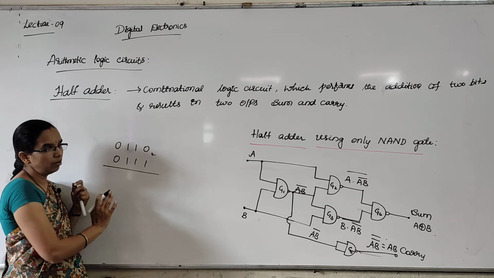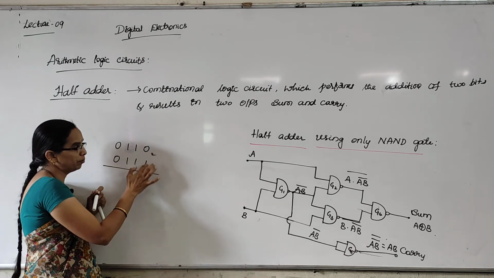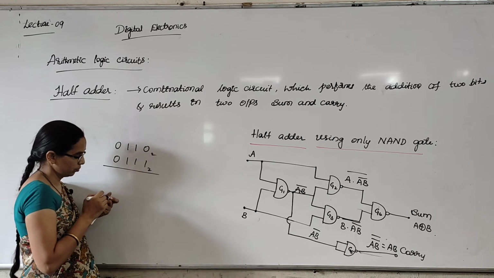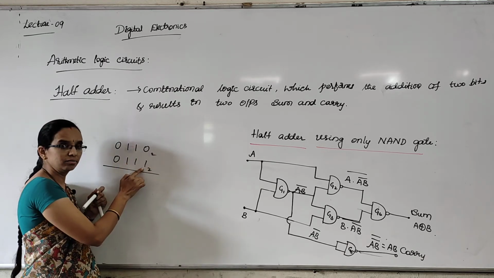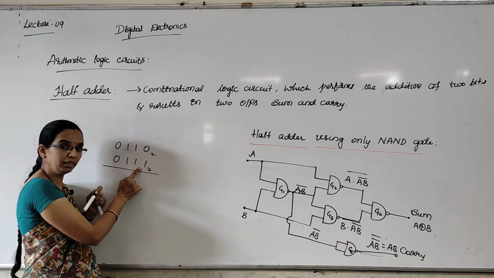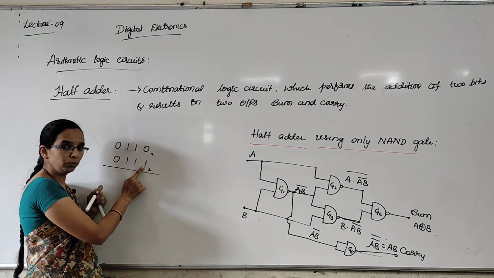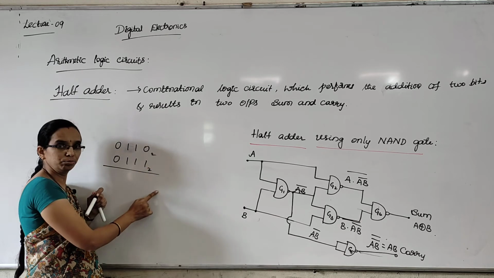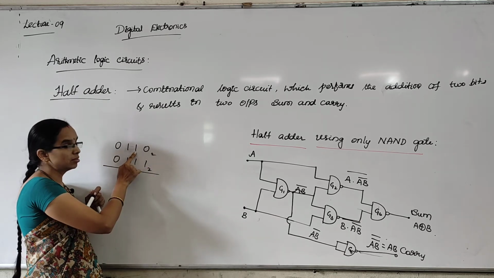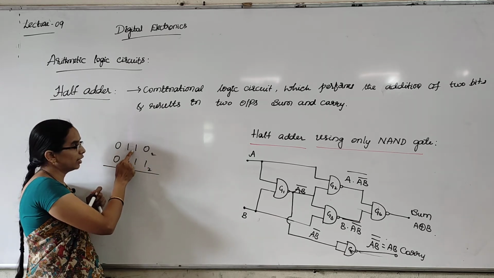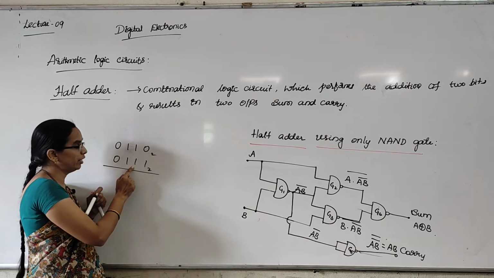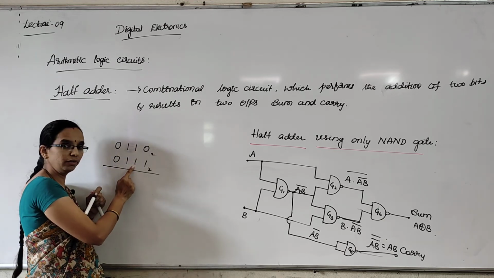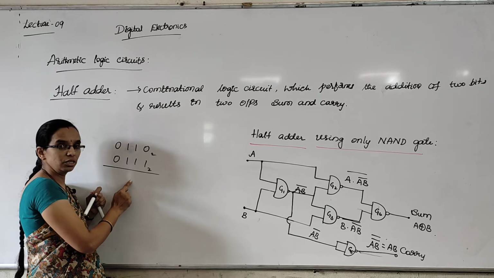This half adder takes bit by bit. First it will add 0 and 1, this will be A, this will be B, A plus B it will do. So the sum output, A XOR B, will give the output. Then it will take inputs of 1 and 1, 1 plus 1 it will do, then it is 0 and carry 1.